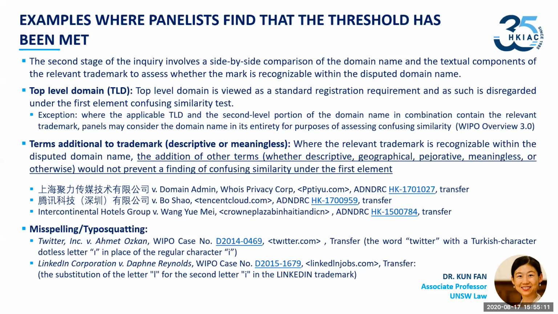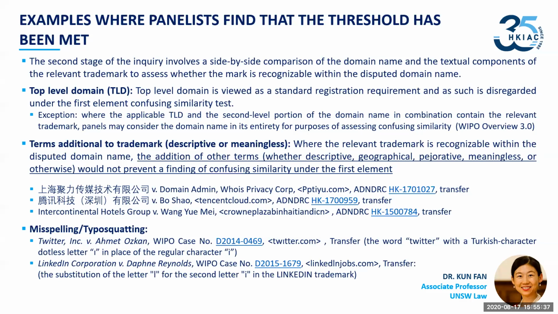Where the relevant trademark is recognizable within the disputed domain name, the addition of other terms, whether descriptive, geographical, pejorative, or meaningless, would generally not prevent a finding of confusing similarity under the first element, although the nature of those additional terms can be relevant to the assessment of the second or third element.